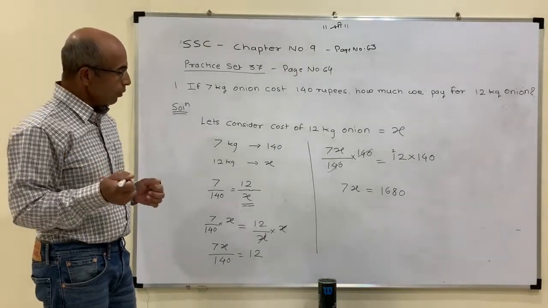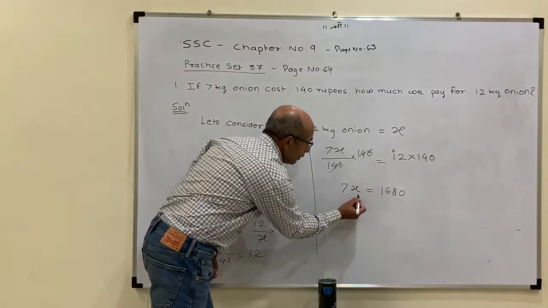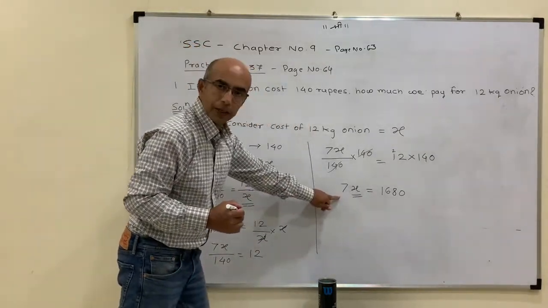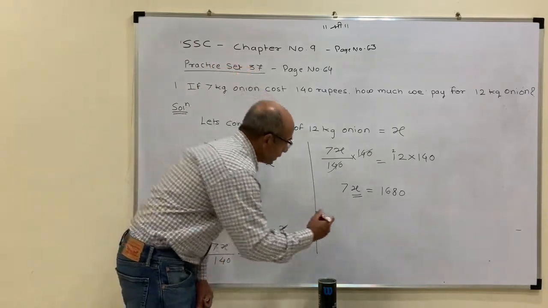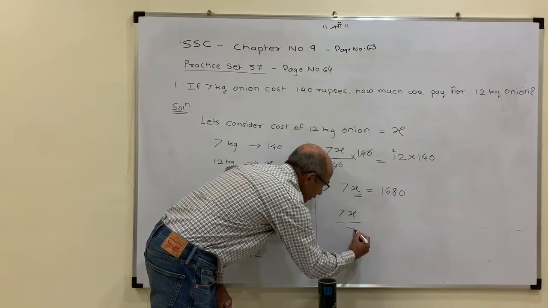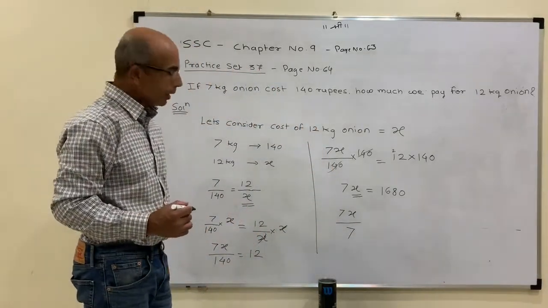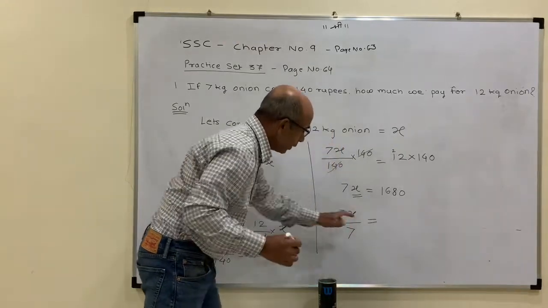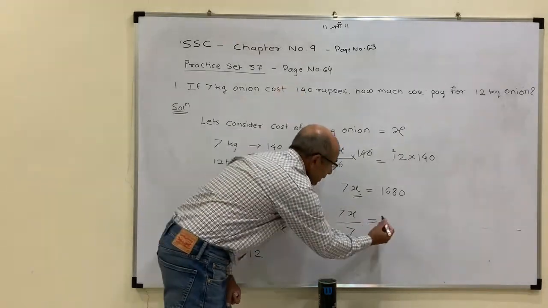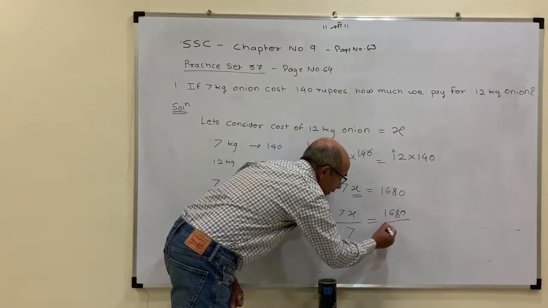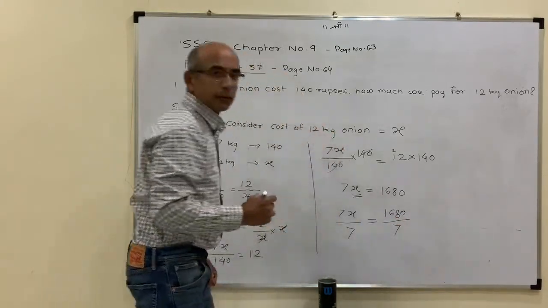1680. Now what I need to do, I need to isolate this x. There is a 7 multiplied. So to get rid of this 7 with x, I'll divide by 7 on the left hand side. Since I am dividing on the left hand side, to maintain the equality, I'll have to divide on the right hand side as well. So I divide it on the right hand side.